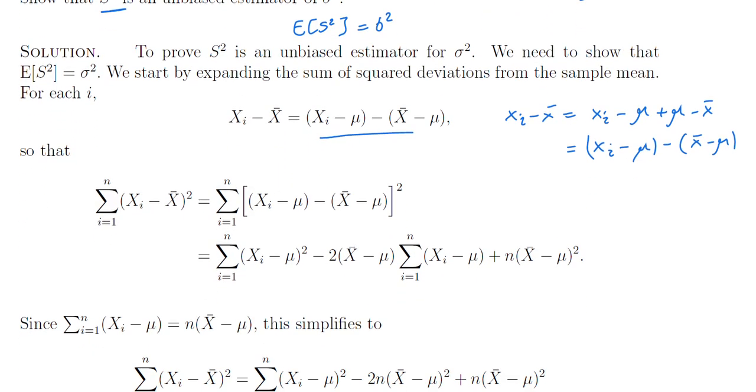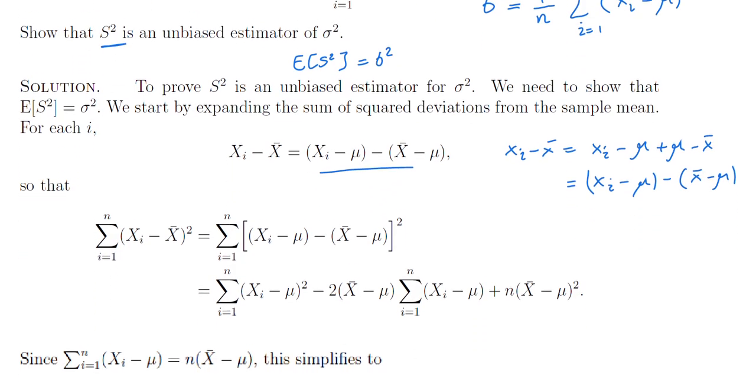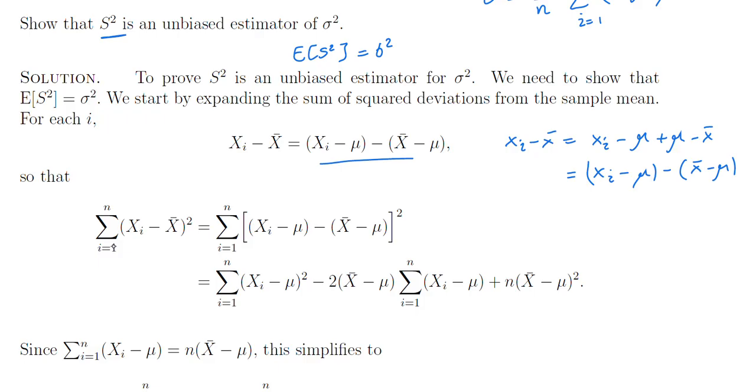It doesn't change anything. And then, even before looking at the expected value of s squared, let's try to rewrite this summation in a different form, which is going to be useful. If you look at the sum of xi minus x bar squared, for the xi minus x bar, I can write it like this. It's in the form of a minus b squared, where a is this and b is this, which we can write as a squared minus 2ab plus b squared.